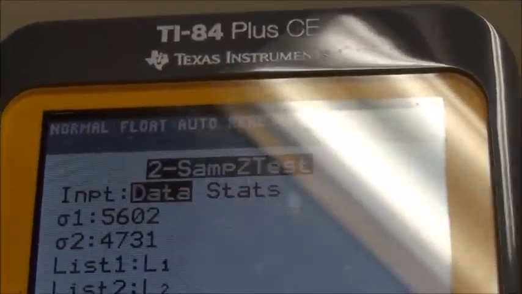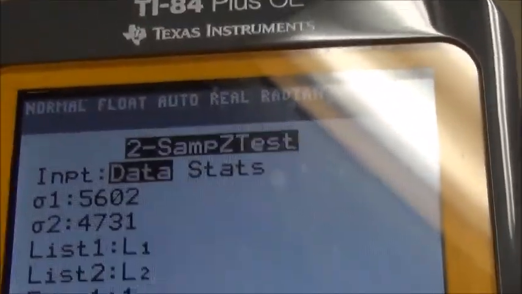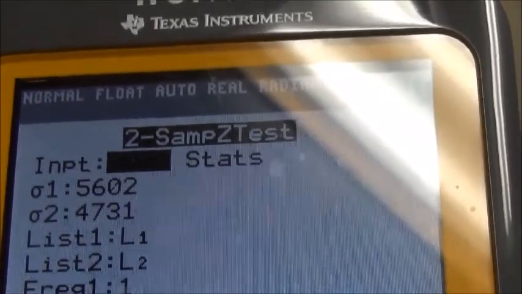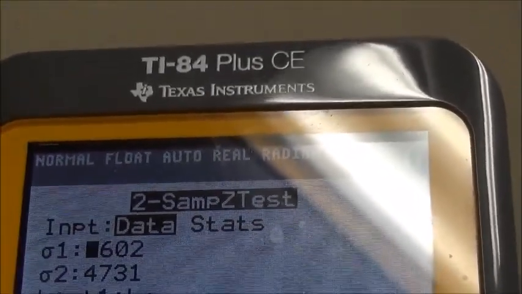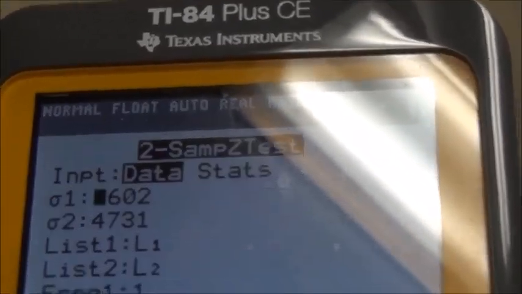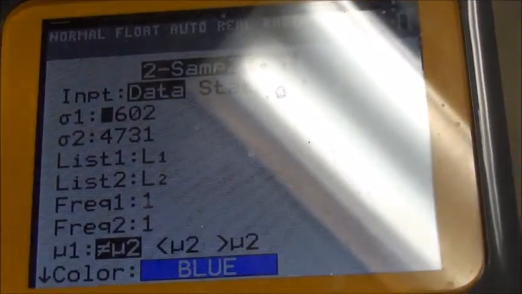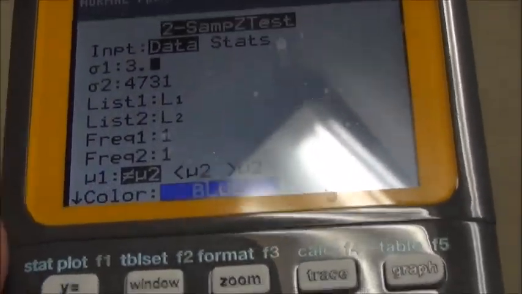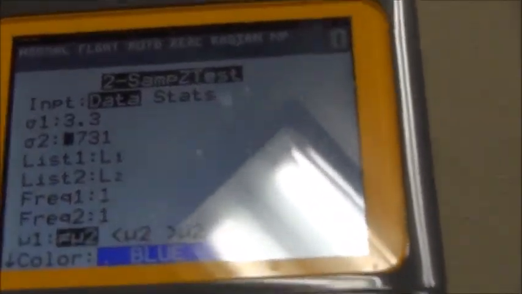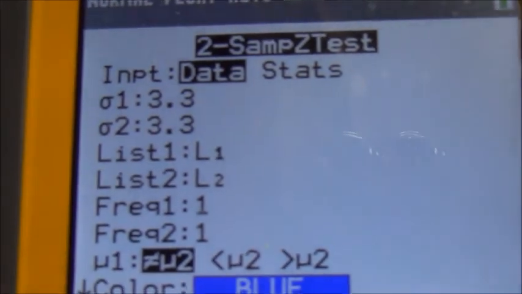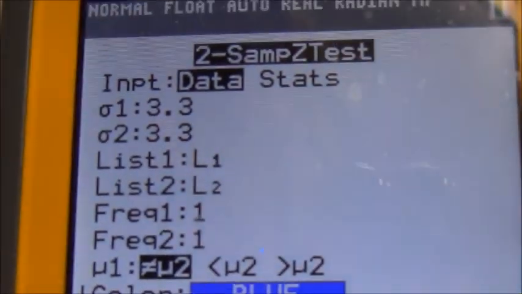And we are going to use the data. So if data is not highlighted, go to data and enter and highlight that. Standard deviation 1 and 2 for this problem both said we were going to do 3.3. So I'm going to put 3.3 in for standard deviation 1 and for standard deviation 2. List, we're going to use list 1 and list 2.